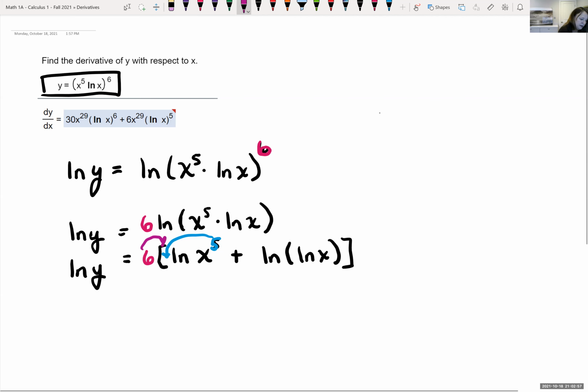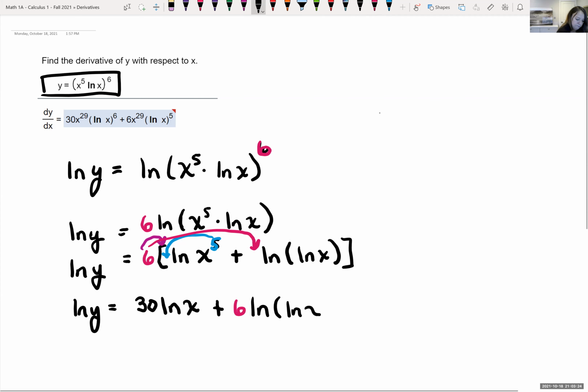So the natural log of y is equal to 6 times the power I brought down, 5. That gives me 30 natural log of x, plus, now I need to distribute this 6 to the other natural log, which is the natural log of the natural log of x. Okay, so I just did a lot of work just to rewrite this so that when I take the derivative, it's going to be a lot cleaner.